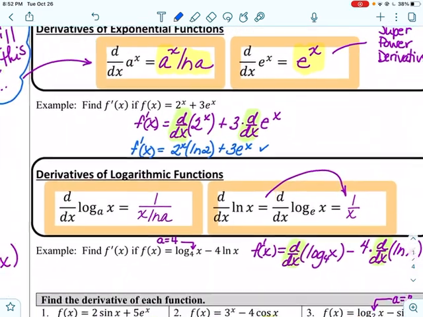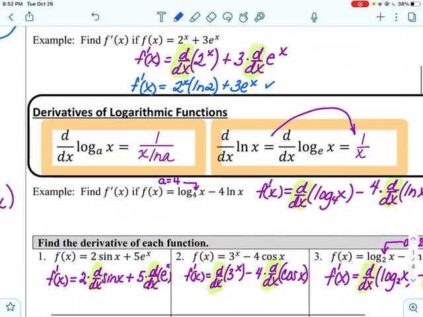Okay. So then the next derivatives we have are the derivative of log base a. So a can be any base. So the derivative of log base a of x is 1 over x ln of a, written just like that. And most of the time, you can see how I put parentheses around the previous derivative. I very often put parentheses around that ln of a just to stipulate it as a separate factor.